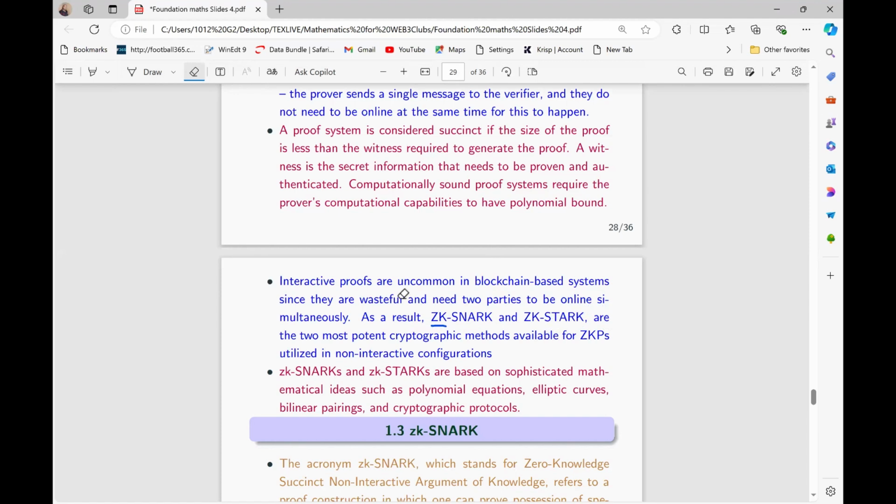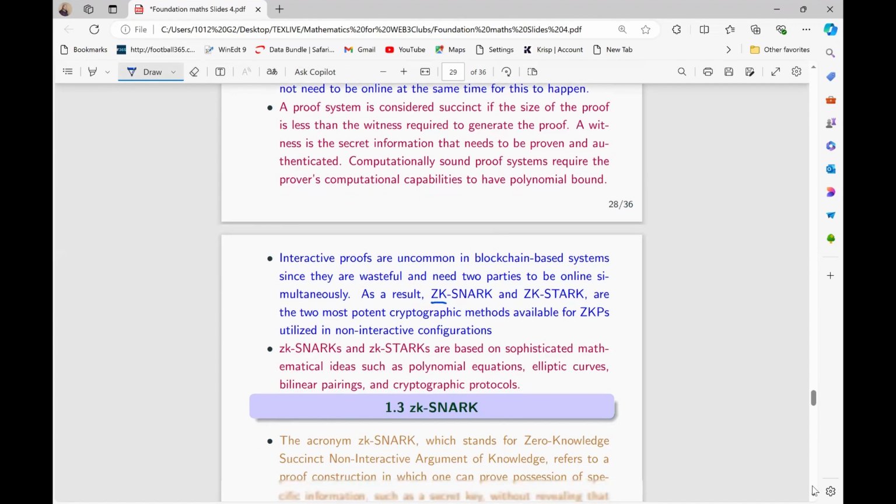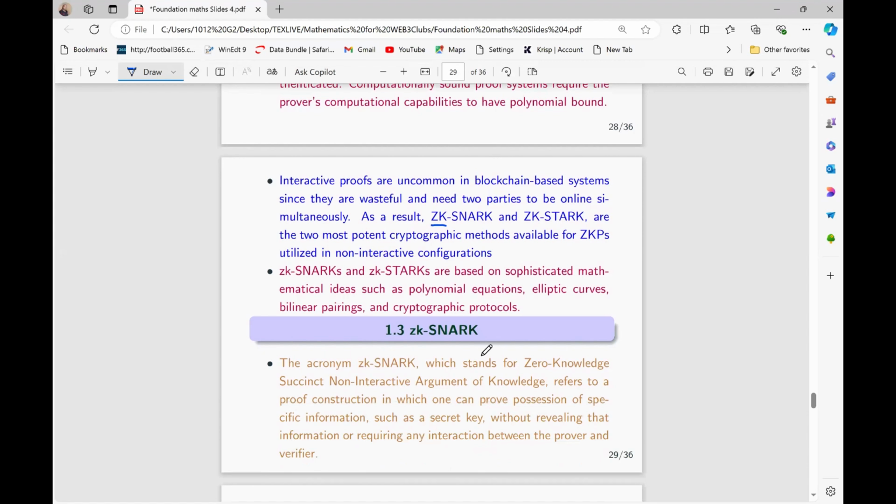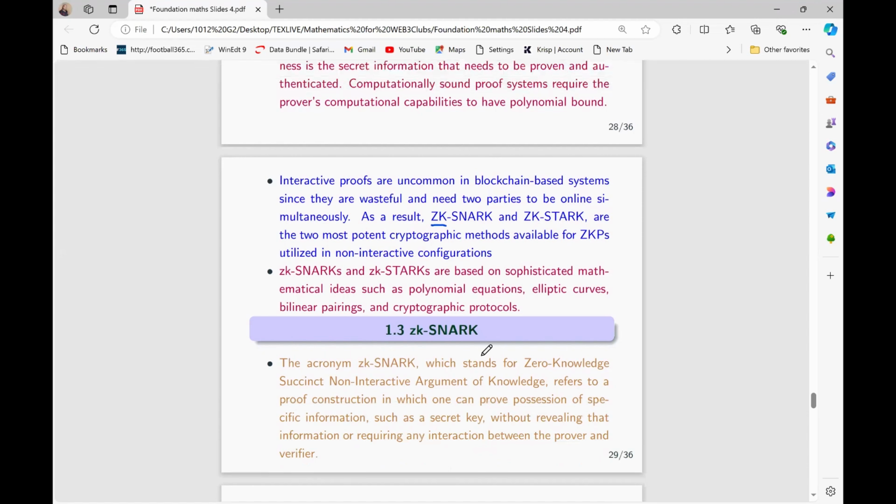Now, just before the definition, I've said that most of the mathematics involved in ZK-SNARKs and ZK-STARKs will be polynomial equations and elliptic curves, and also the bilinear pairings and cryptographic protocols.